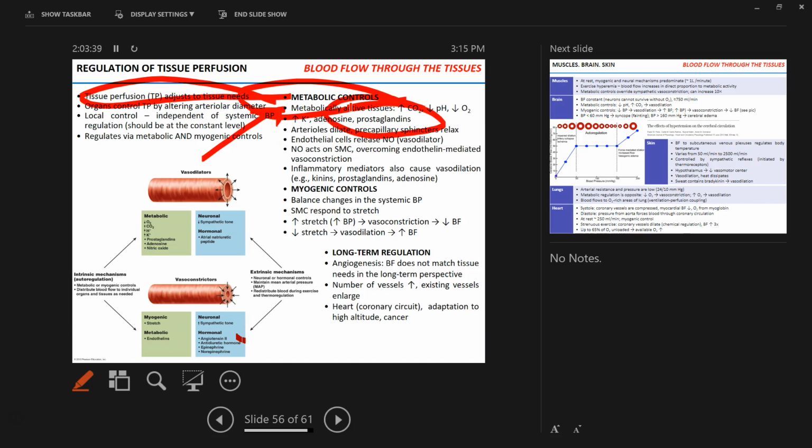Now, it's not really a digression, but to give you a clinical connection: when somebody has an injury to the tissue, it causes inflammation. One of the signs of inflammation is hyperemia, redness of the tissue. In Latin, it's called rubor, right? Increased blood flow to the site of the injury.